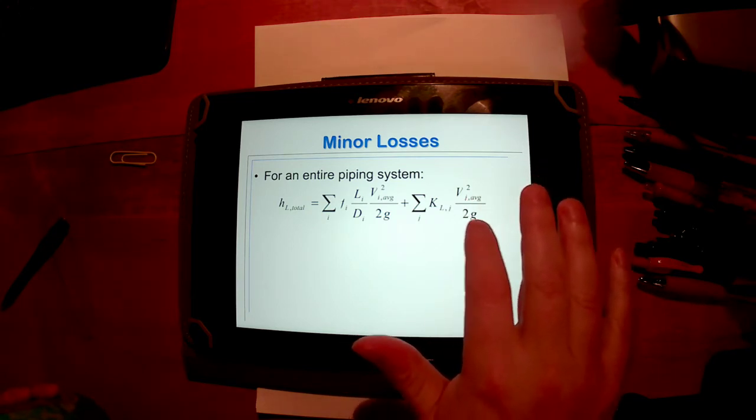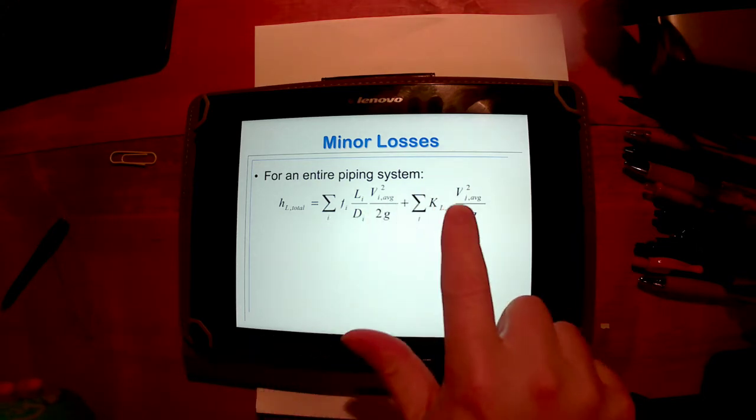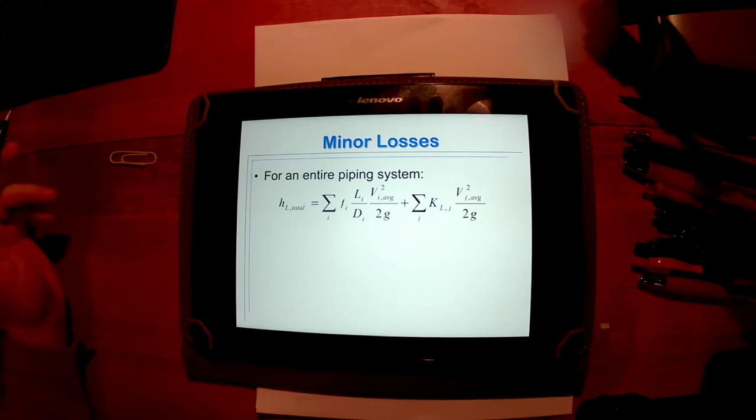If you want the head loss, divide by 2g, multiply by the minor loss coefficient for that change in flow, and this sum plus this sum gives you the total loss for the entire piping system.